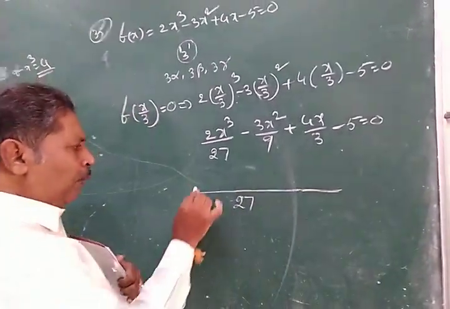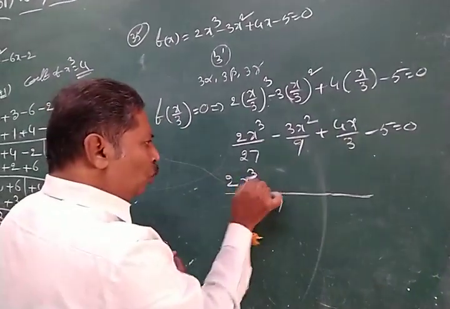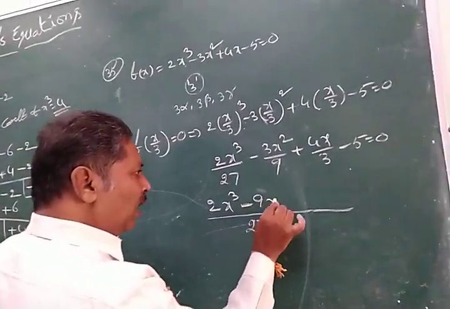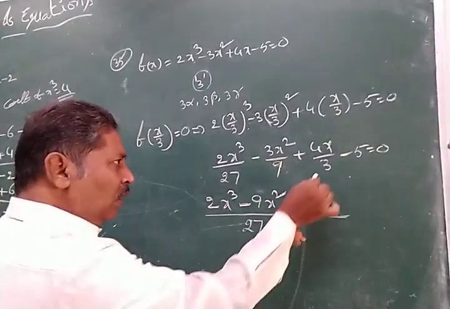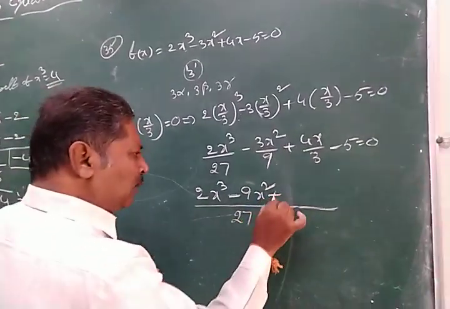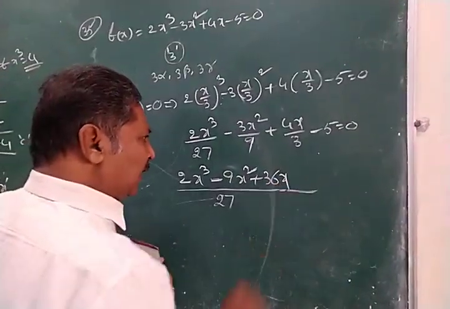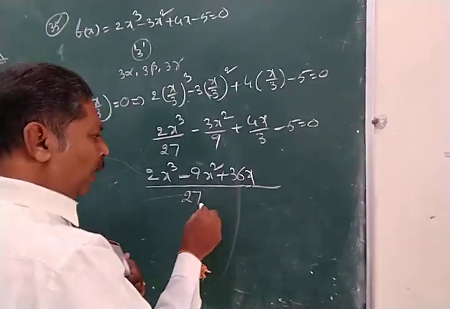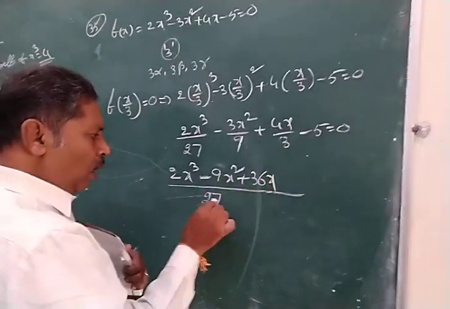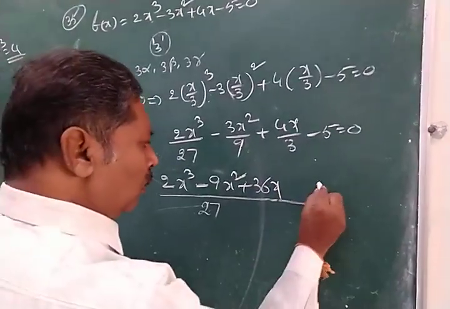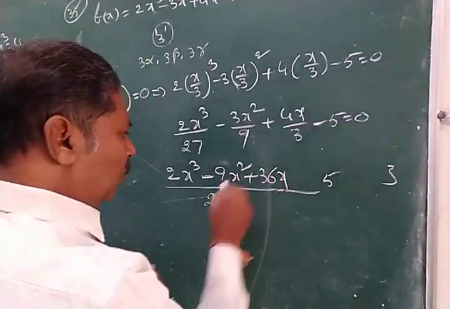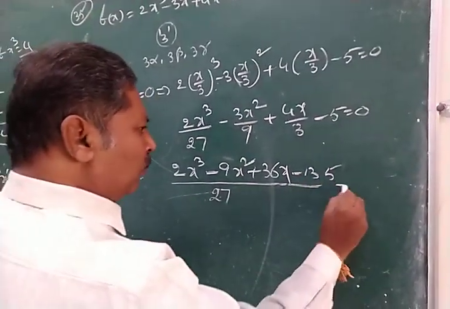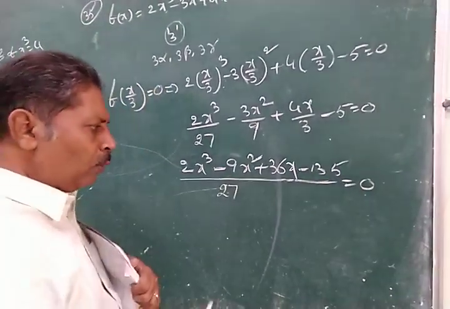27 LCM, 2x cube, 9 3 times, 9x square, 3, 9 times, 36x, minus 5 into 27, minus 135, equal to 0.